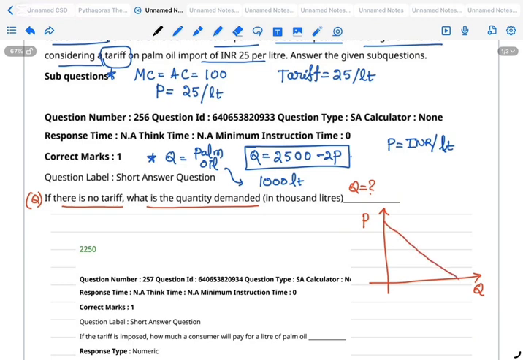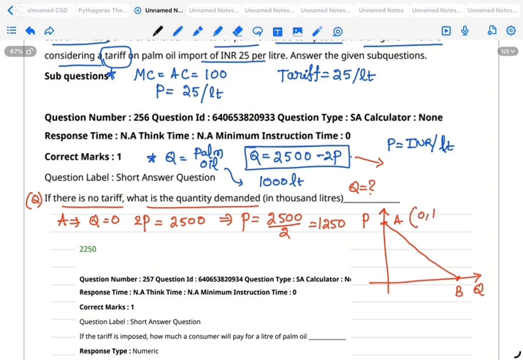To find these two points, A and B, the intercepts: put Q equals 0 in this equation, so 2P equals 2500, which implies P equals 1250. So at A, Q equals 0 and P equals 1250.